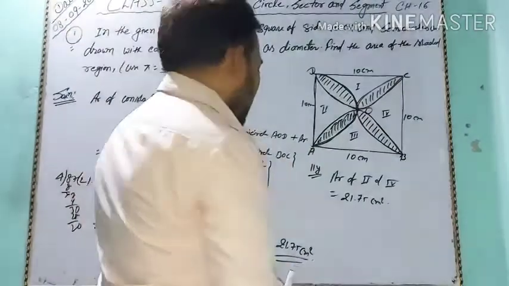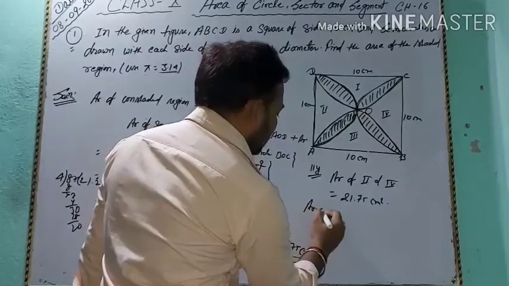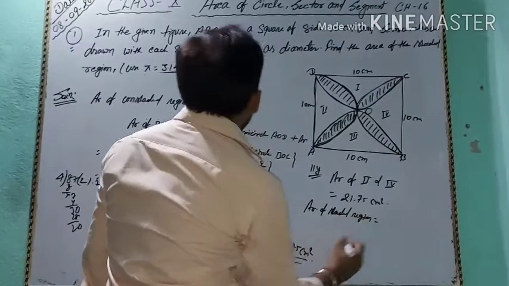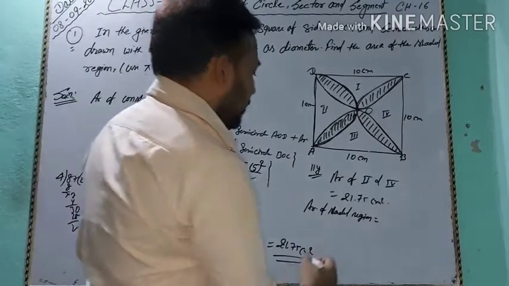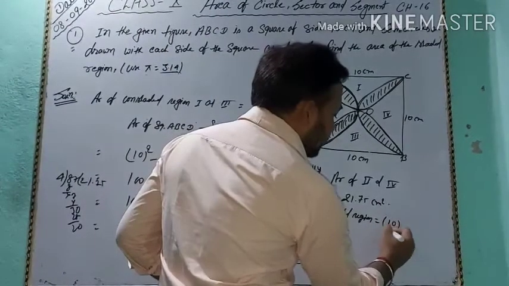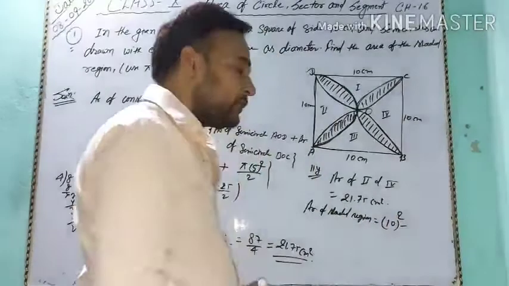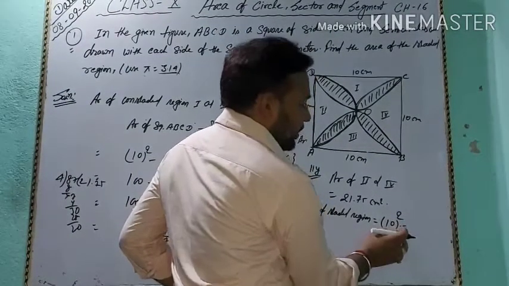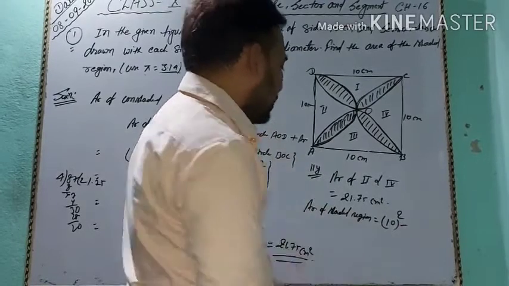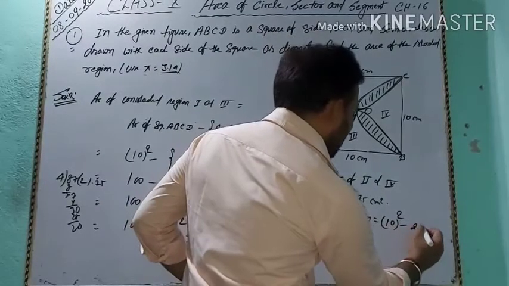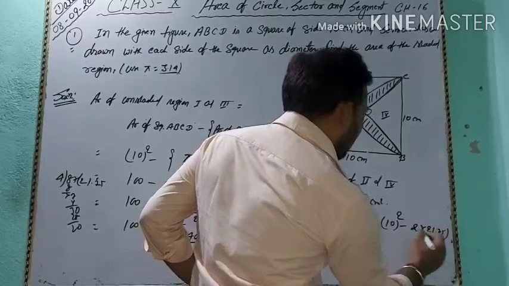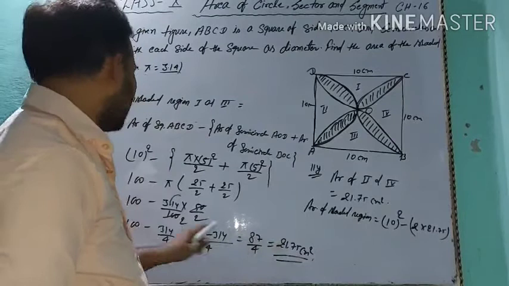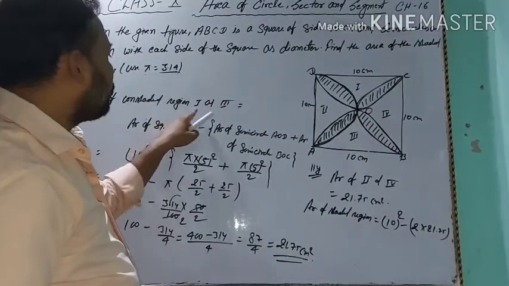Okay, so area of the shaded region equal to area of a square, that is 10 square, side of the square is 10 centimeter, 10 square minus 2 multiply 21.75, because 21.75 square centimeter is the area of the unshaded part 1 and 3.